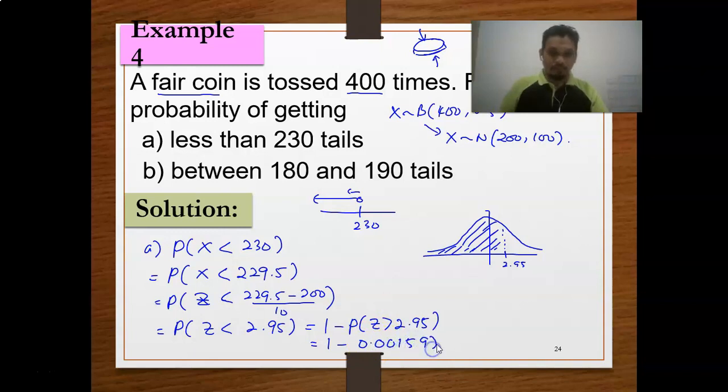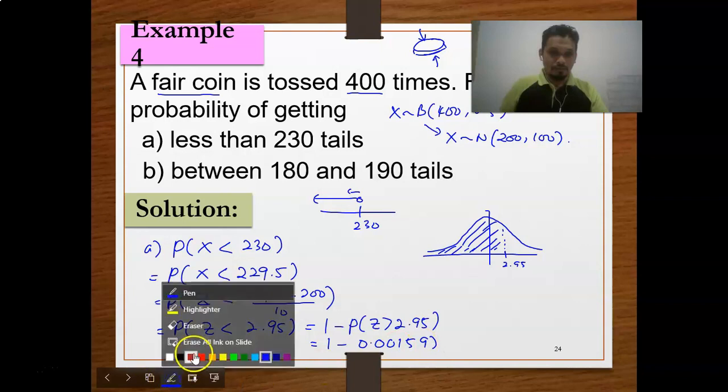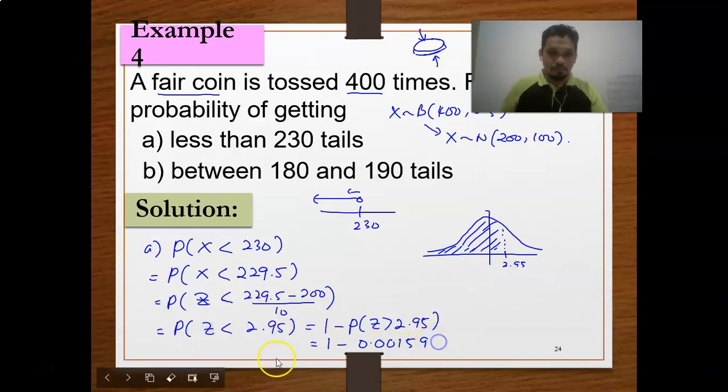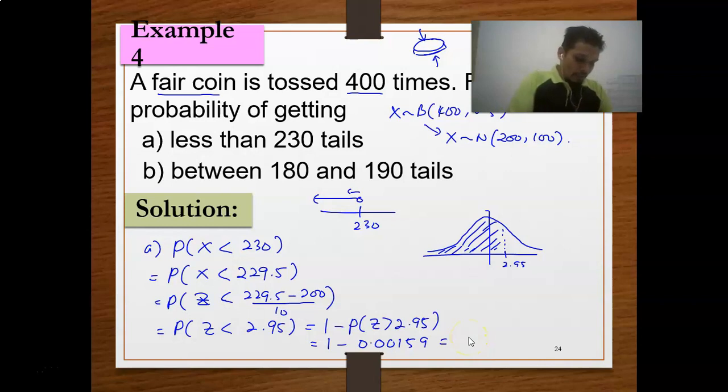Then for this one, to make a recall simple, 1 minus 0.00159 equal to 0.99841.